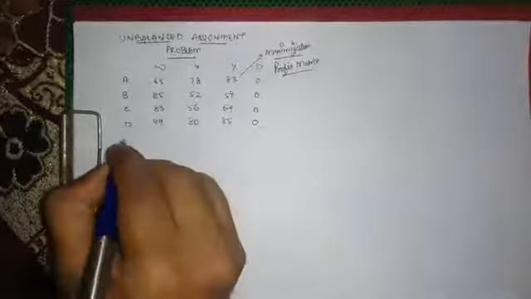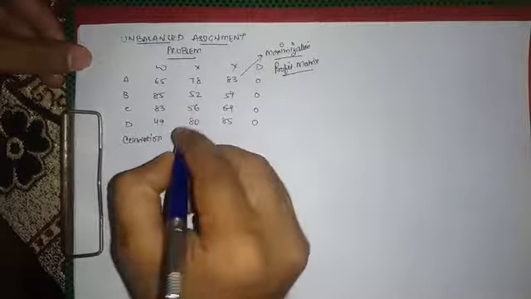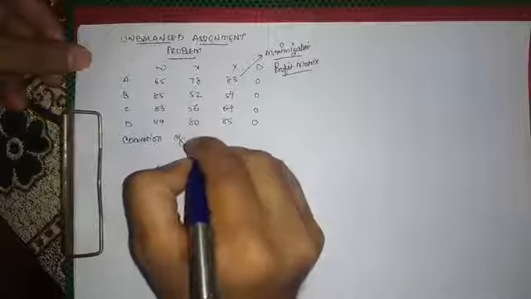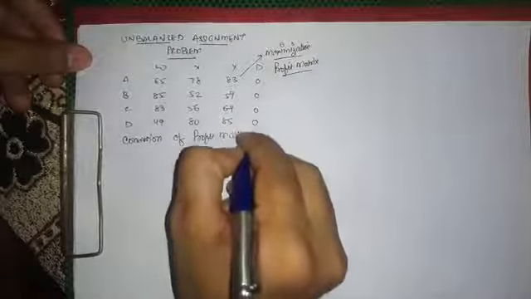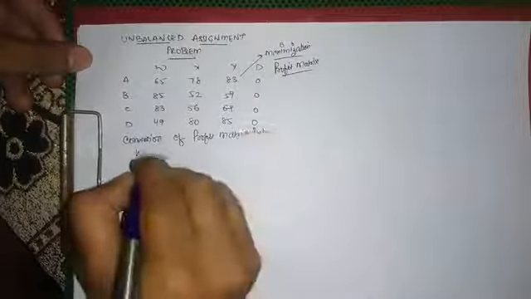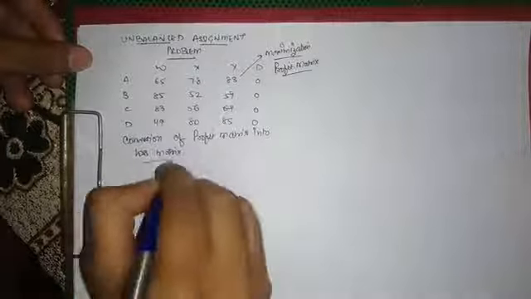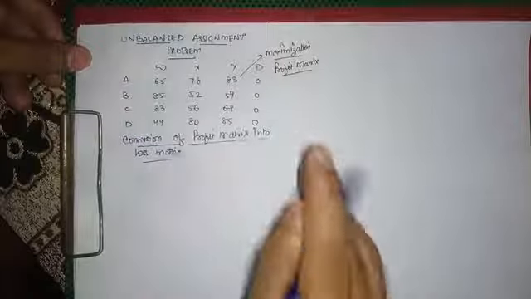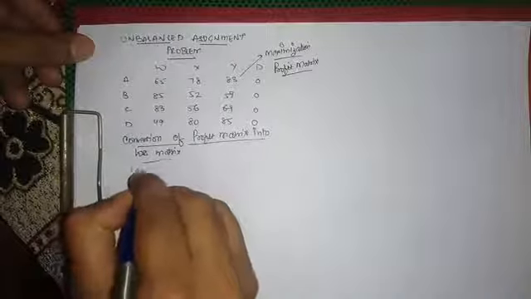So we are going to write out the conversion of profit matrix into loss matrix. How to convert? We are going to find out the largest element.